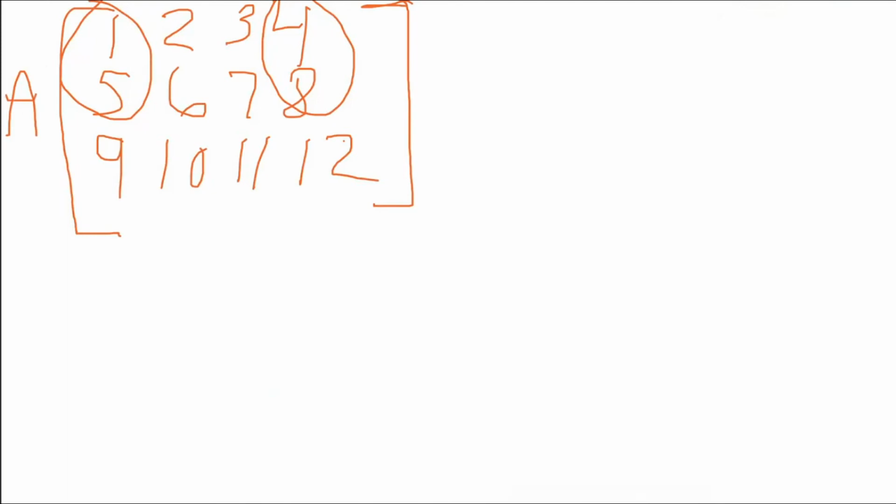If I wanted to extract this, we want the first and second row. So this is the first row, and this is the second row. So we'd say from 1 to 2.